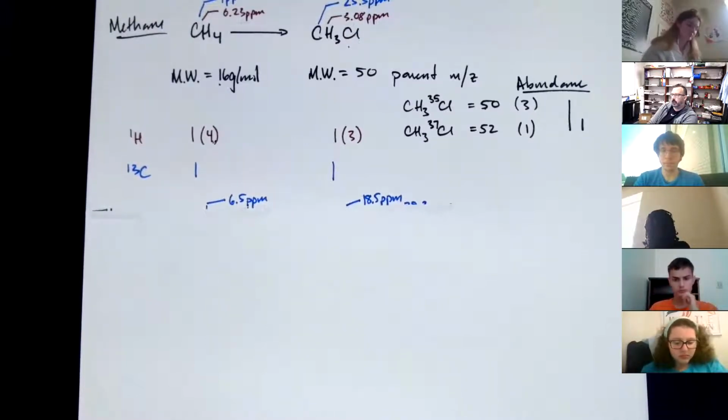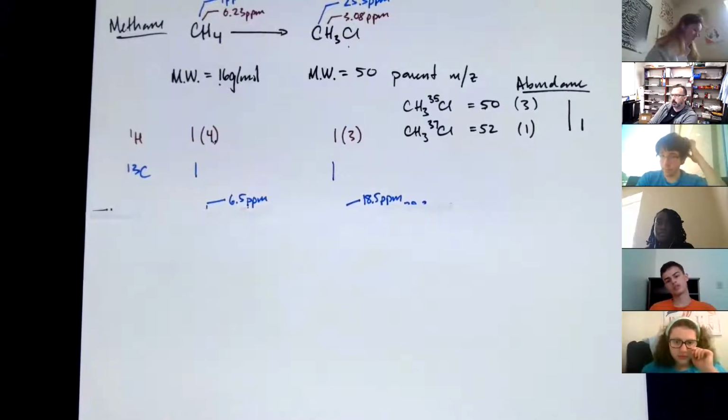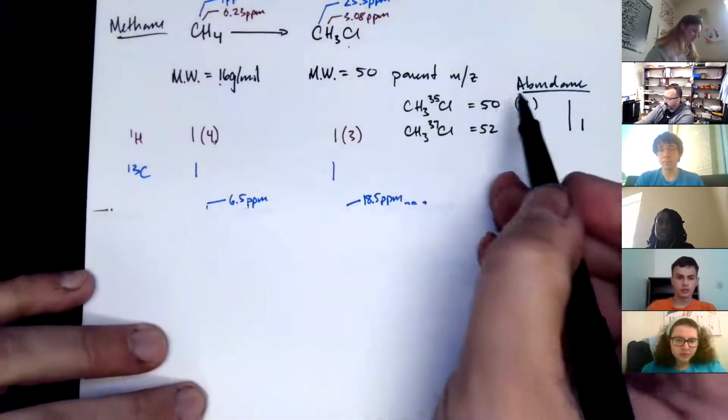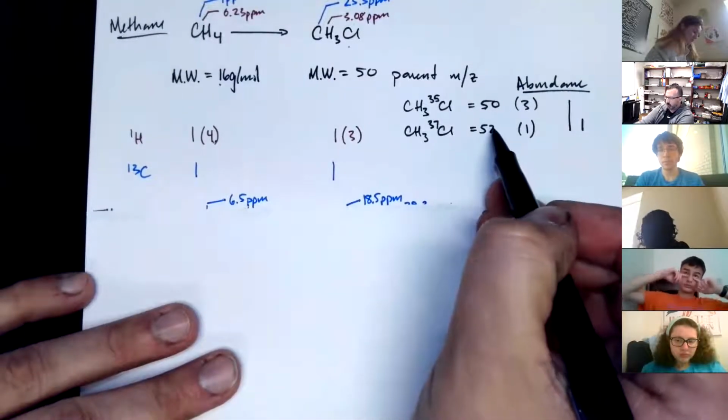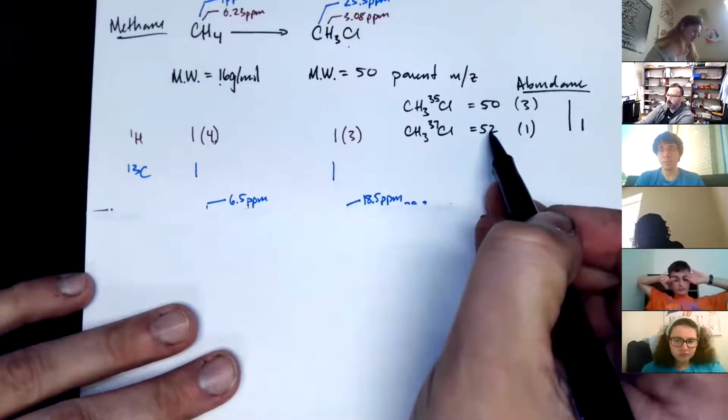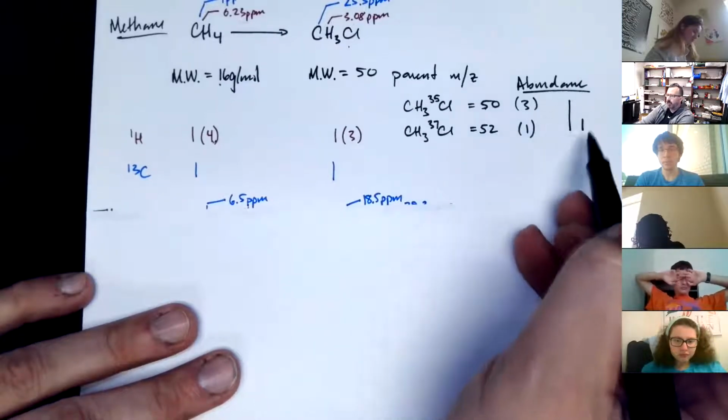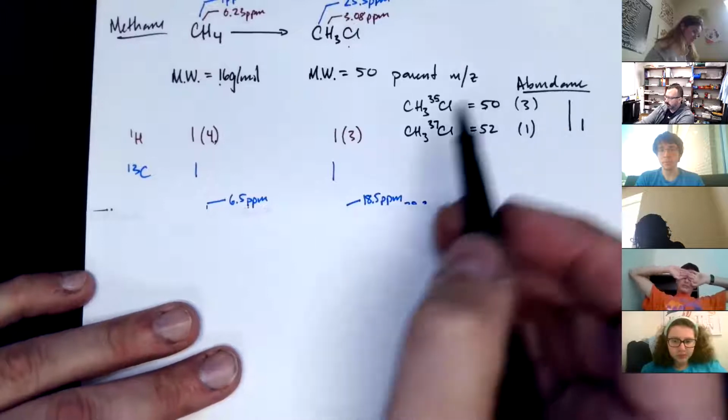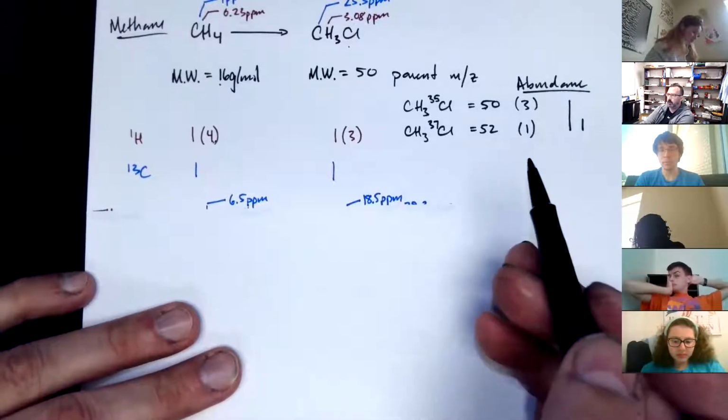The unit is the atomic mass unit. You can think of this as the parent, and then you can think of this as M plus 2. But they are both occurring in the parent region because they have the fully intact molecular ion.